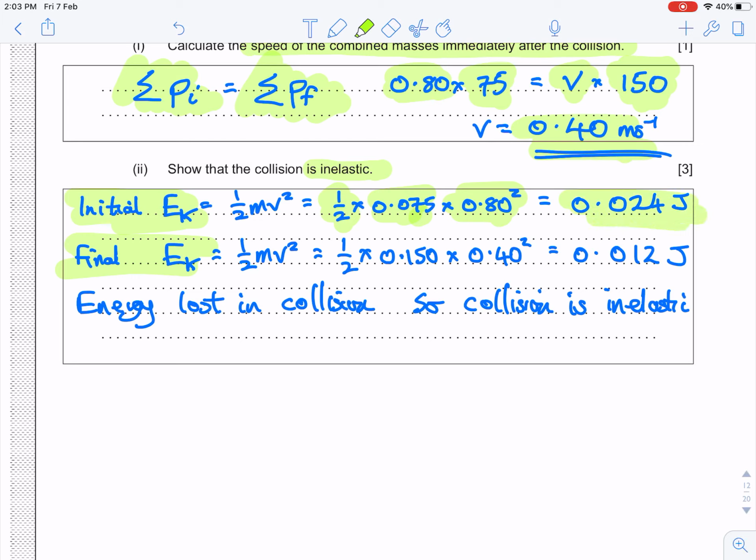Final kinetic energy, half times the overall mass of both of those objects moving together, and their combined speed is 0.4, which we've calculated previously, and I get an answer of 0.012. So it is not an elastic collision, it's actually an inelastic collision, and you've shown that because energy is lost in an inelastic collision. So the collision is inelastic.